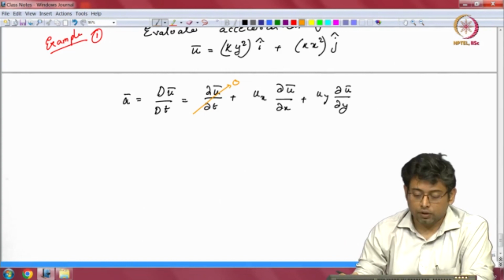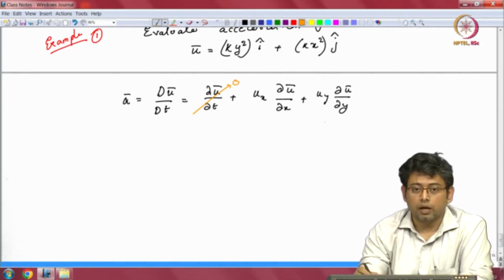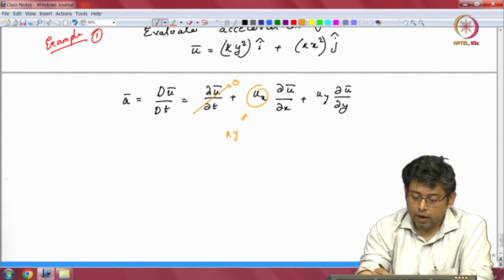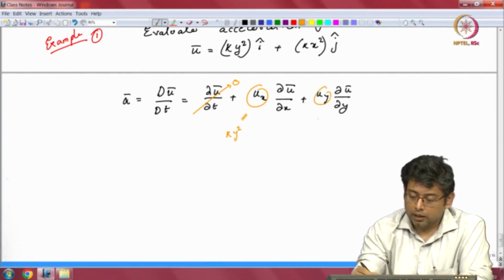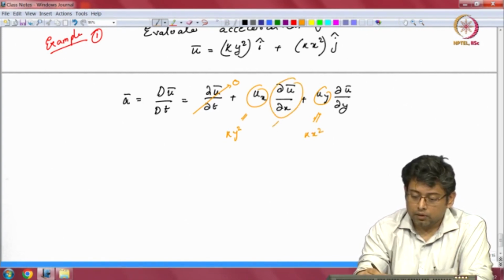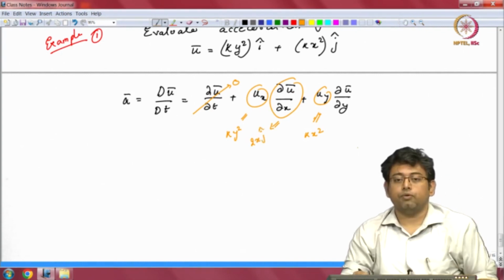This velocity is not fluctuating with time. So you only have contributions from these two terms, and you can very easily identify what these are, right. So this is, for example, equal to k y square, and this is k x square, and if you had to evaluate this, it would simply be 2x j hat. Similarly, you can do it for the other one.